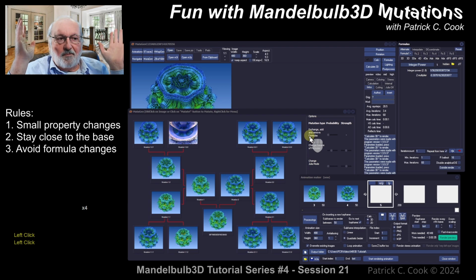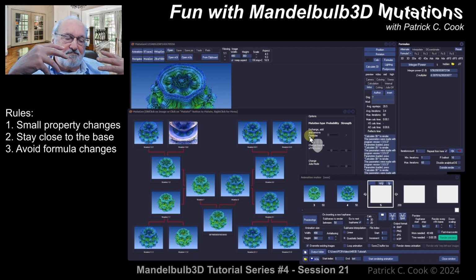It doesn't even work without MutaGen involved. The animation code of the Mandelbulb3D does not smoothly interpolate between 2 keyframes where there are formula changes.